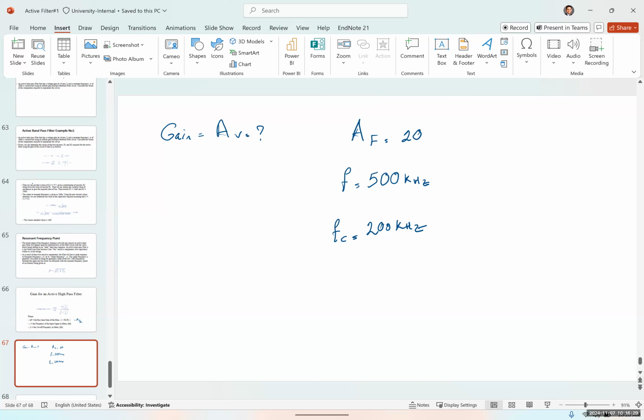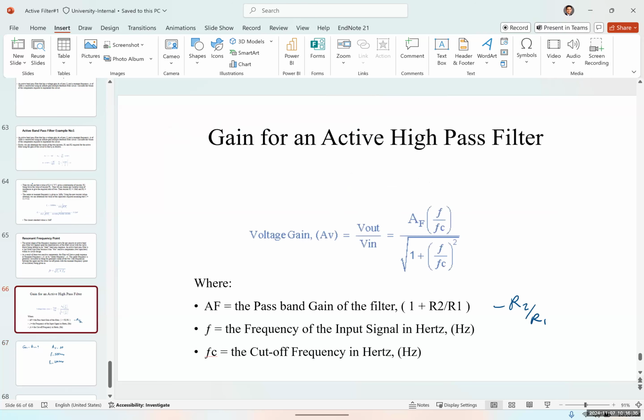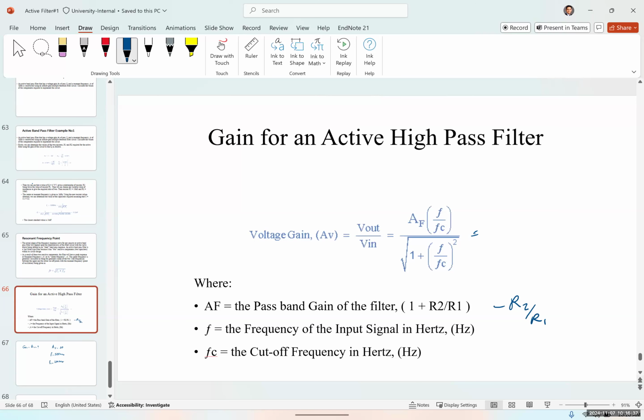Does anyone have the results? 18.6. Okay, so the gain, using this equation, what is AF? It's 20. What is the frequency that we have? 500K over 200K kilohertz. Square root of 1 plus F is again 500 over 200K.